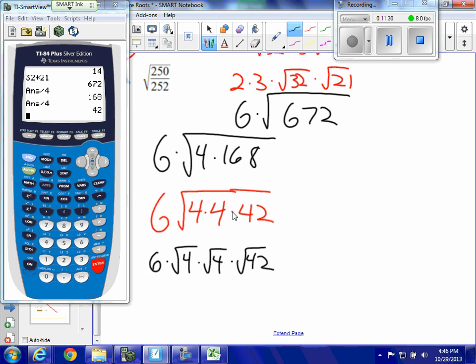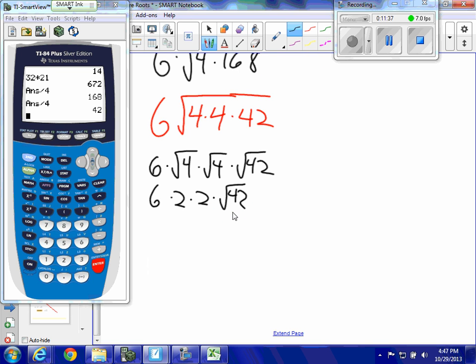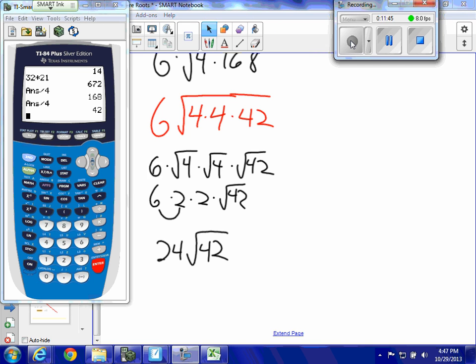So that is 6 times 2 times 2 times radical 42. So this is, what, 24 radical 42. And that's as simple as I can make this particular problem.